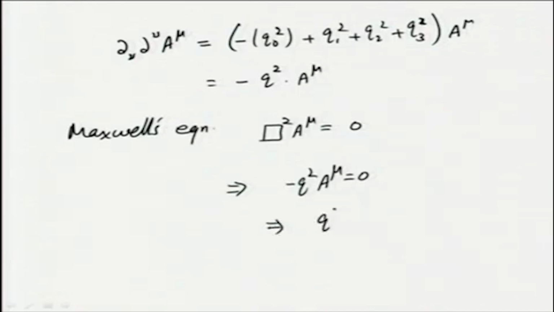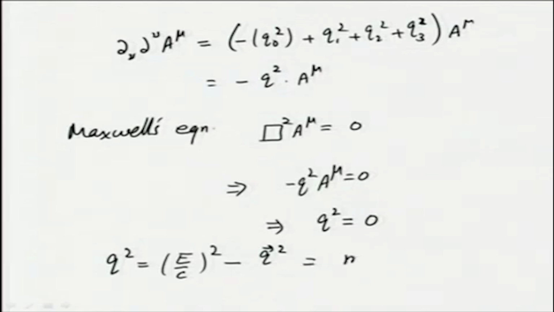We essentially need q square to be equal to 0. And what is q square? q square is equal to q 0 square, which is essentially E square, minus p square or 3-vector square, which is equal to m square c square.